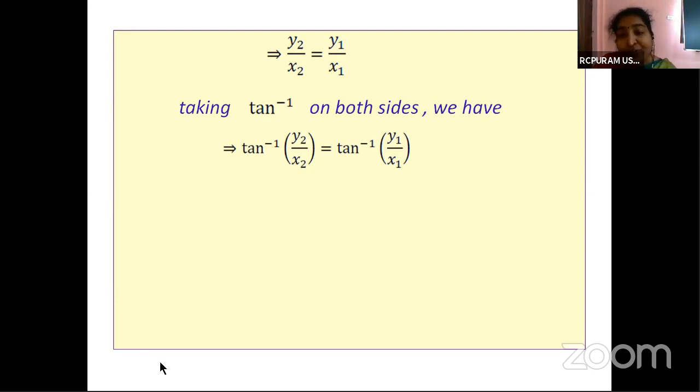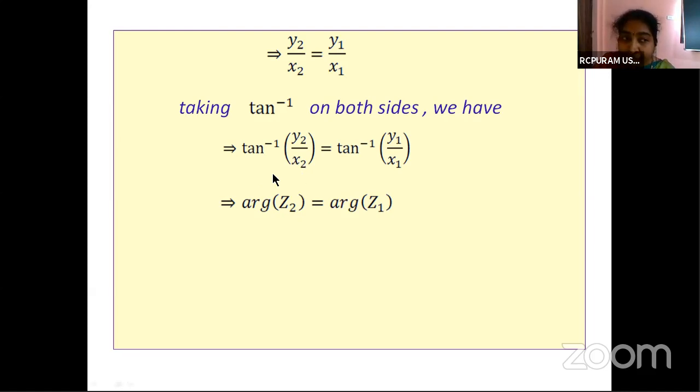So here, since you have y2 by x2, y2 and x2 represent the complex number z2, isn't it? So we will make it as theta 2, and this is theta 1. So tan inverse of y2 by x2 is equal to tan inverse of y1 by x1 can be very well taken as argument of z2 is equal to argument of z1, right? This is nothing but the formula for argument.